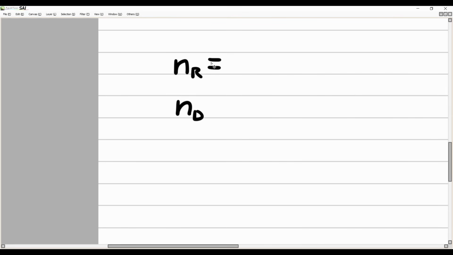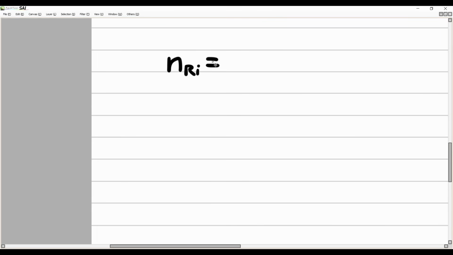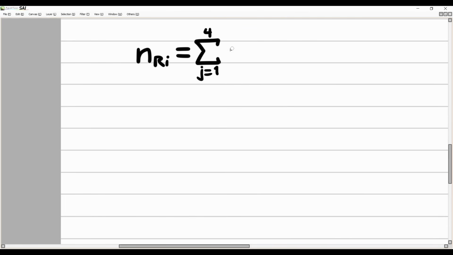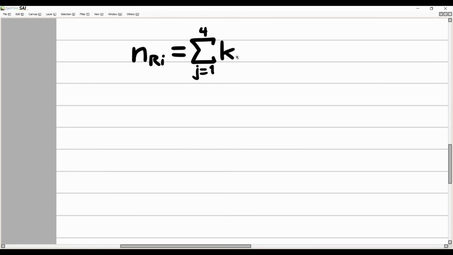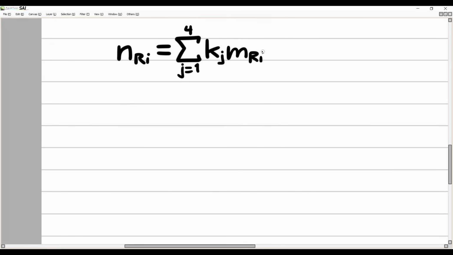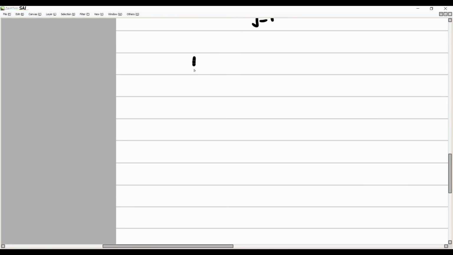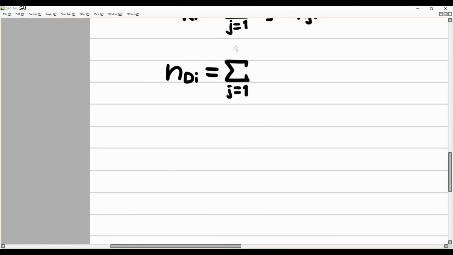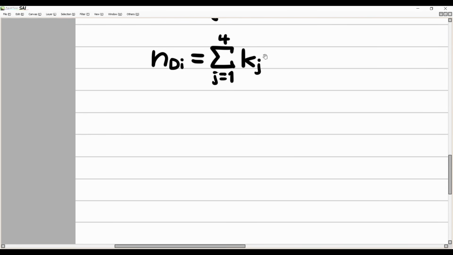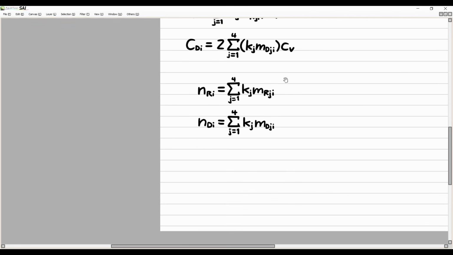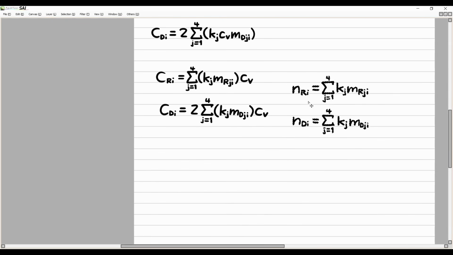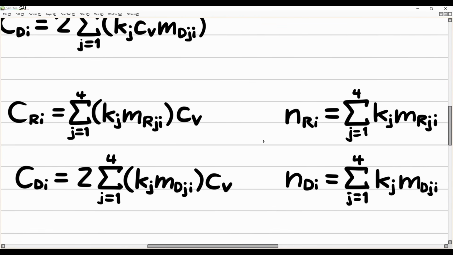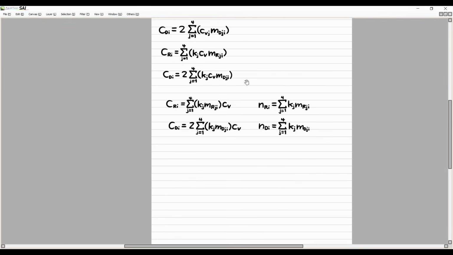Let me write them out. So that's what we can now see from this. We can now see how everything is related.